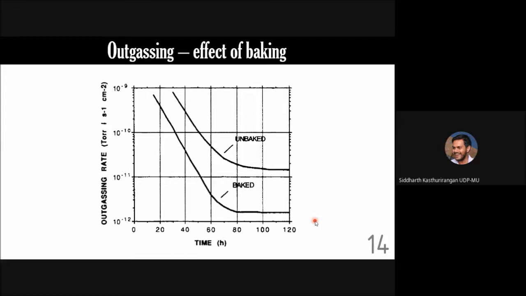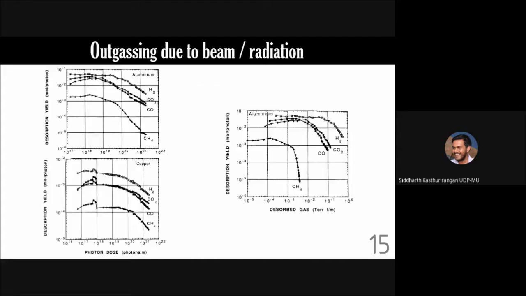I'm telling you from experience again, not my experience alone. It is a commonly used practice to vent the system with nitrogen instead of air in many accelerators, especially synchrotron facilities, where there is a possibility of beam hitting on the sides.